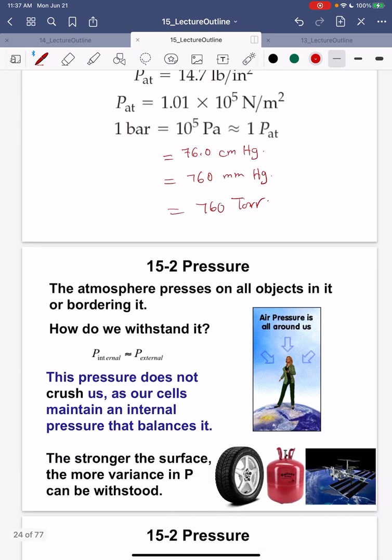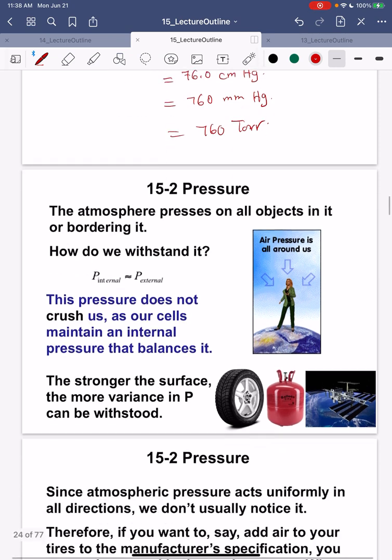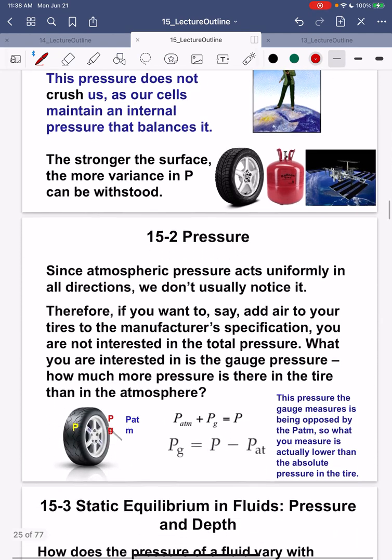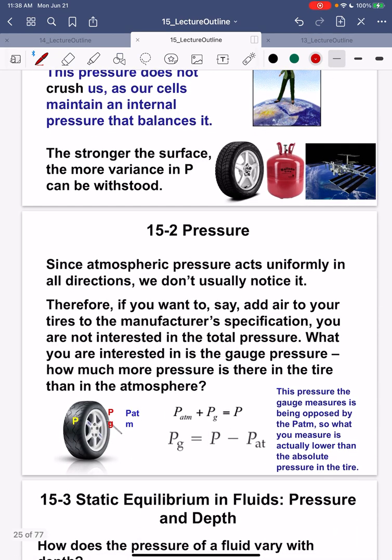We don't feel the atmospheric pressure on us, although it is present on all objects. The reason for that is P internal equals P external, and this is why the pressure does not crush us, because our cells maintain an internal pressure that balances. Now, there is a term that we use, which we call gauge pressure.